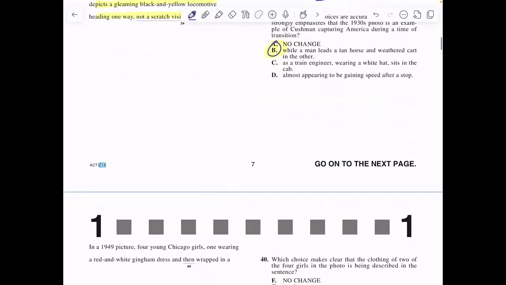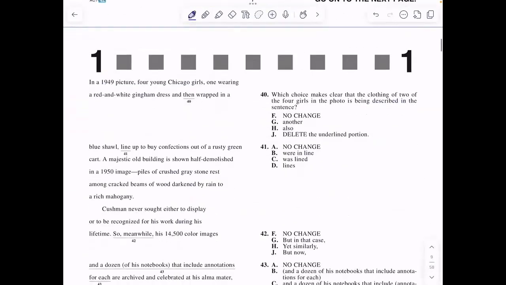Okay. 40, which choice makes clear that the clothing of 2 of the 4 girls is being described in the sentence? "In 1949, 4 young Chicago girls, one wearing a red and white gingham dress and another wrapped in a blue shawl, line up to buy confections out of a rusty green cart." Makes clear that the clothing... Okay, so at first glance, I would delete this one because I'd be like, well, it's the shortest. Let's get rid of it. But they're asking something very specific.